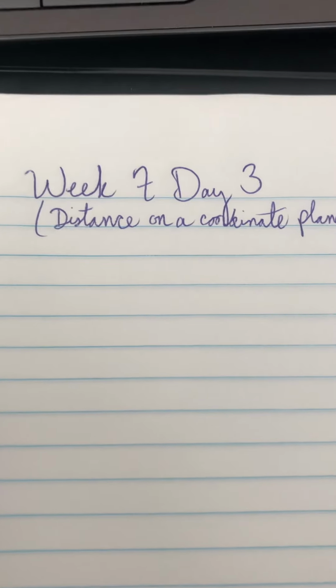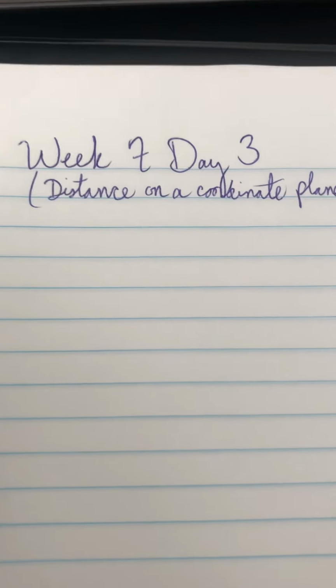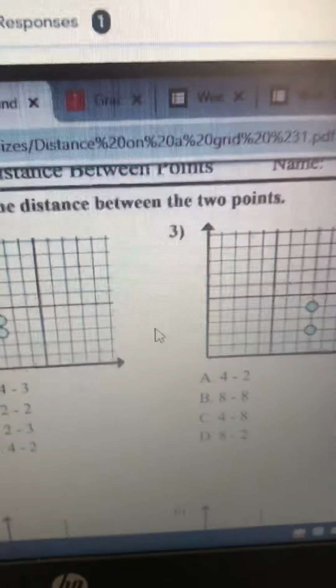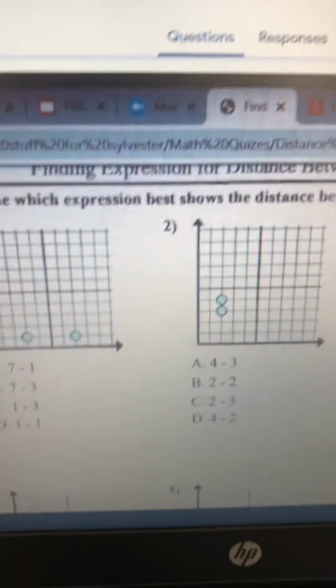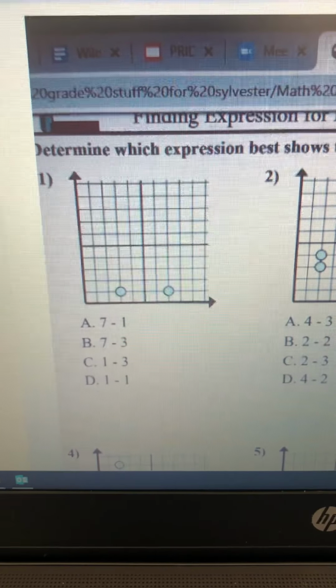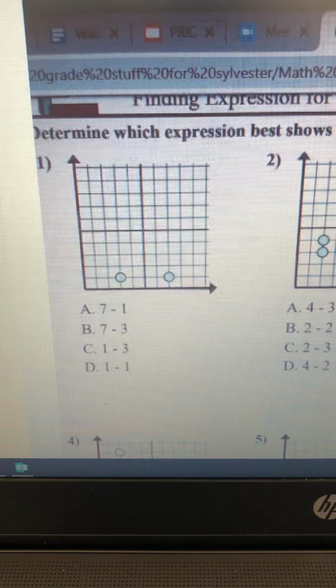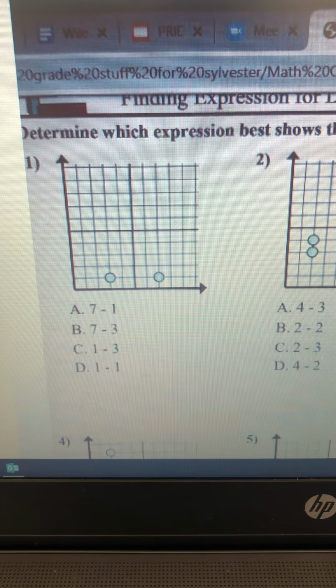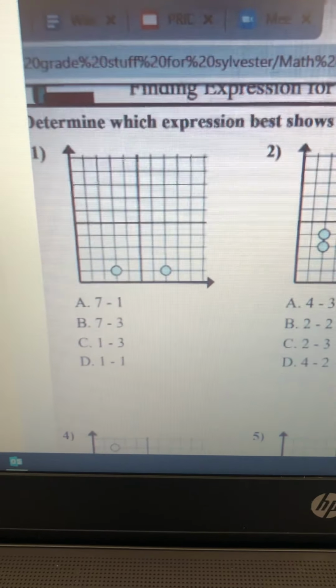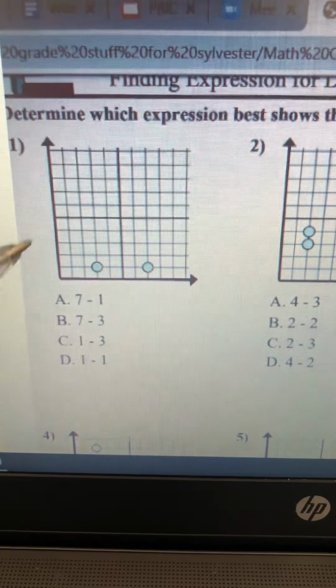Distance on a coordinate plane, right? We're supposed to calculate distance on a coordinate plane. So this first picture says determine which expression best shows the distance between the 2 points. If we look at number 1, it has 7 minus 1, 7 minus 3, 1 minus 3, and 1 minus 1. If we count the dots from dot to dot, we have 1, 2, 3, 4.